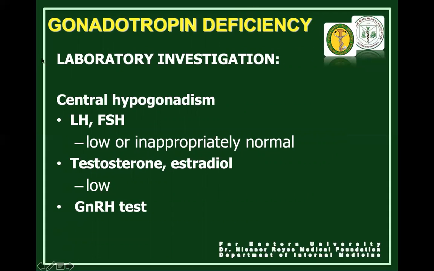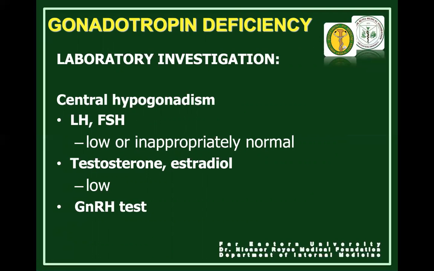Now, how do you investigate hypogonadotropic hypogonadism, or gonadotropin deficiency? It's a simple test, and it's always a paired test, because you will be able to interpret more if you do a paired test.